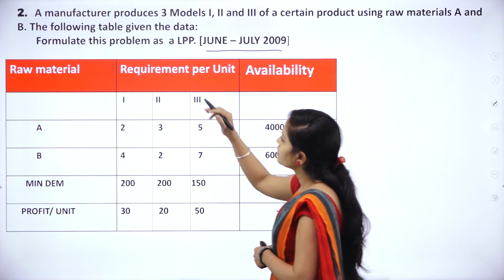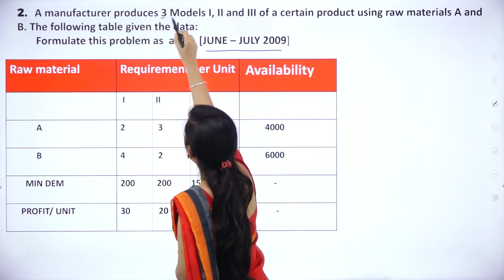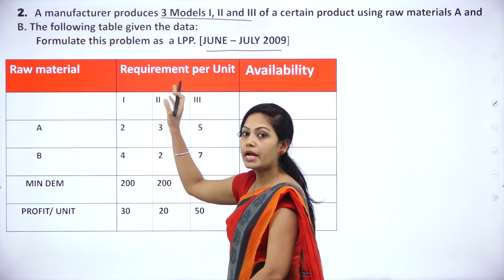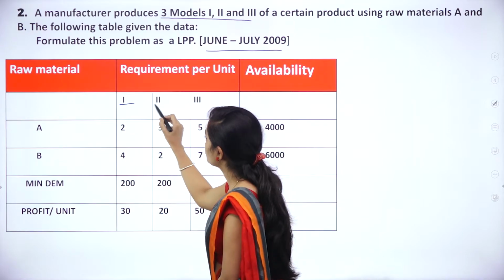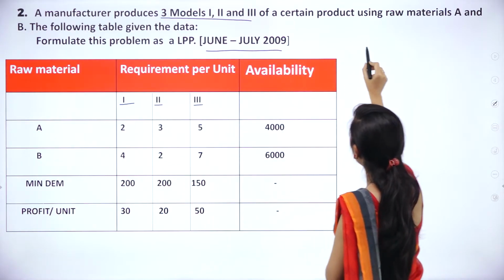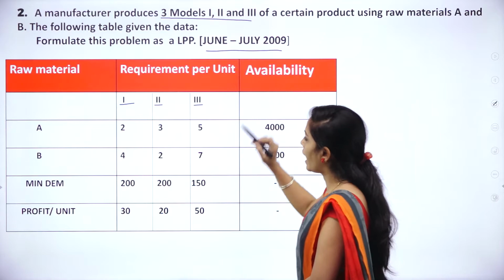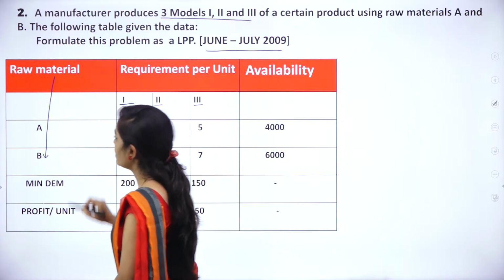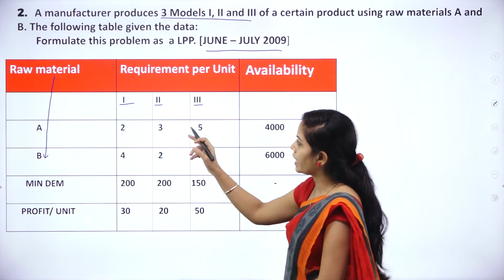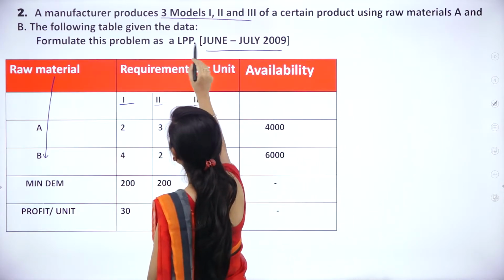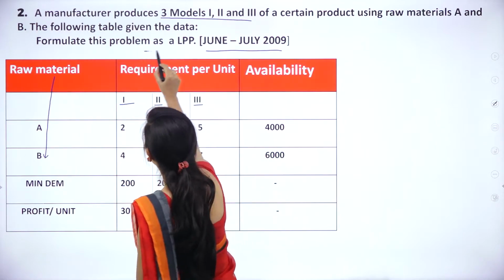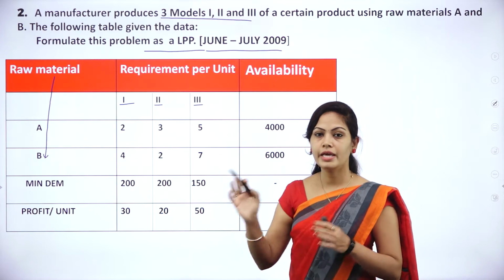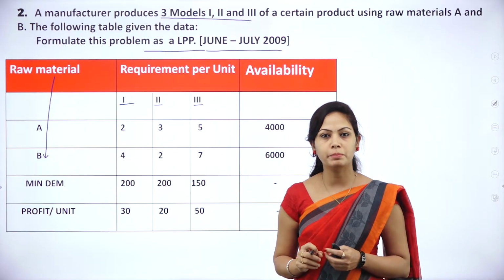The question is: a manufacturer produces 3 models, that is 1, 2 and 3, of a certain product using raw materials A and B. We have 2 raw materials, A and B. The following table gives the data. Formulate this problem as an LPP. Using this table we can easily construct the LPP model.